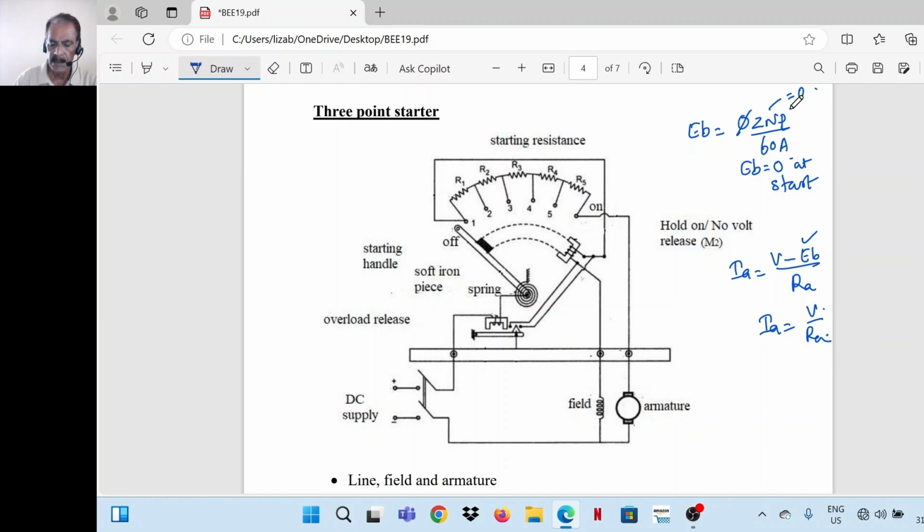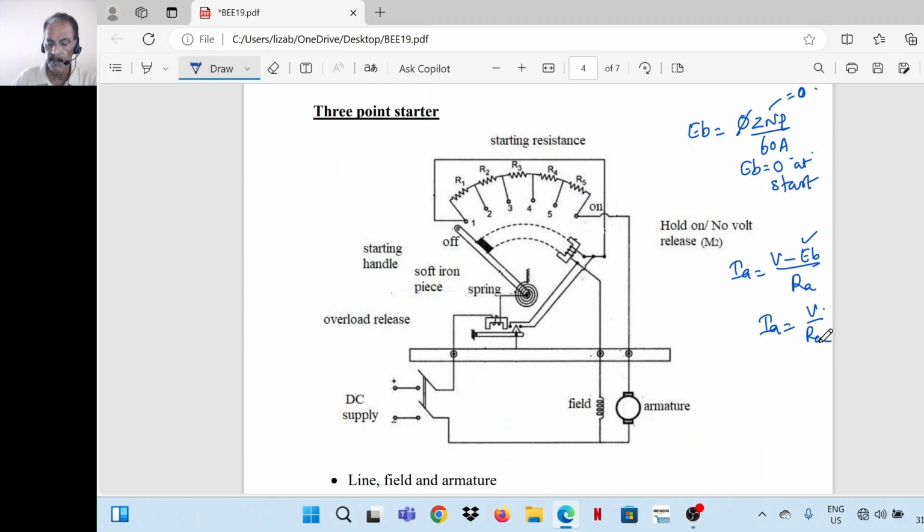So since speed is equal to 0 at start, back EMF will be 0, and armature current will be V divided by Ra, since Eb is equal to 0. So the magnitude of Ia will be very high at start.